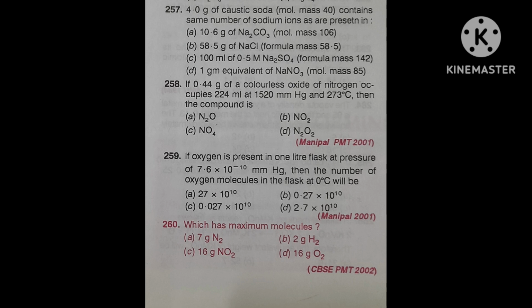Then 22,400 ml means how much? Just two more zeros have to be put, so 224 means 0.44, then for 22,400 you will get 44 gram.